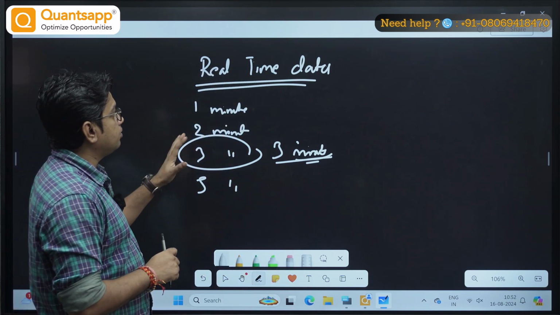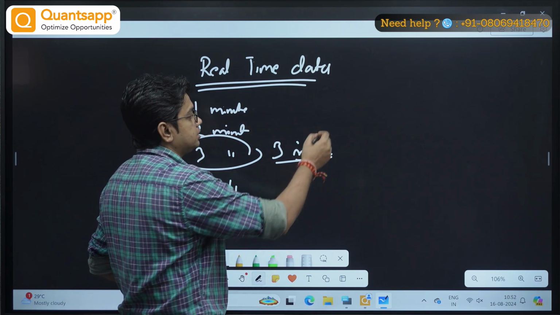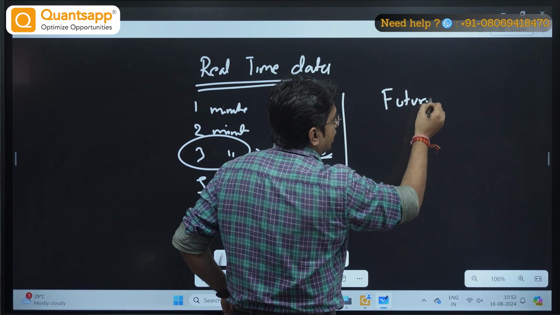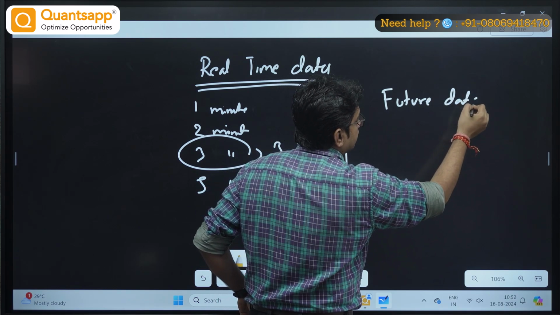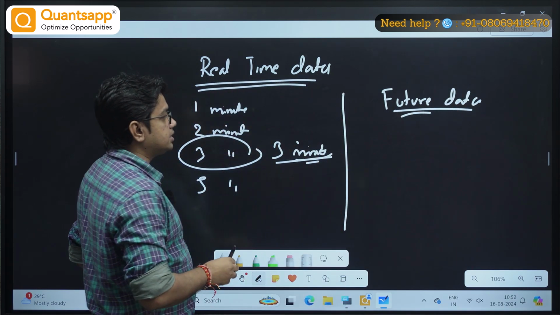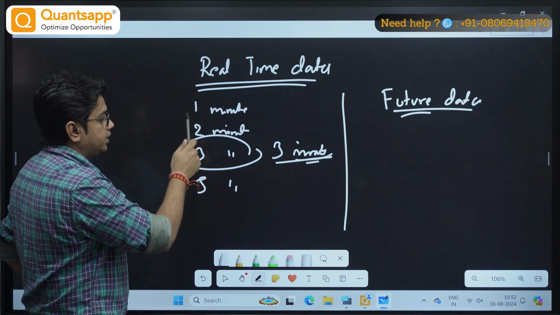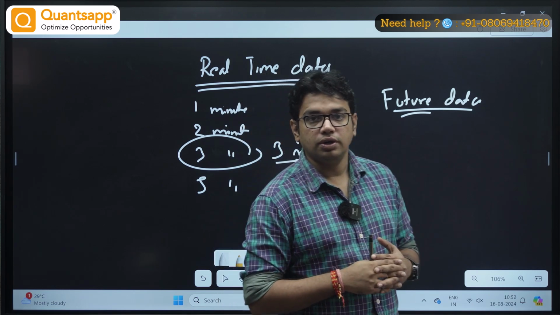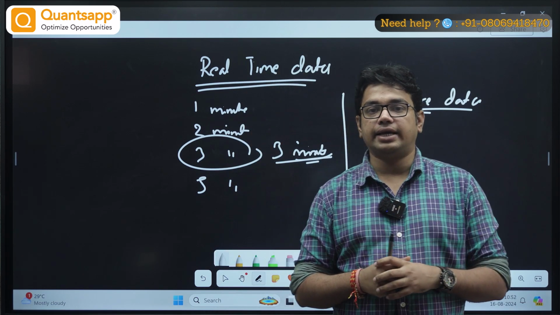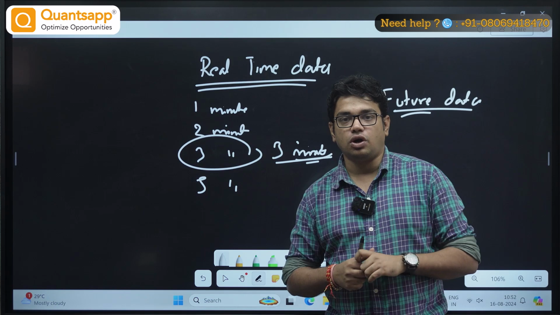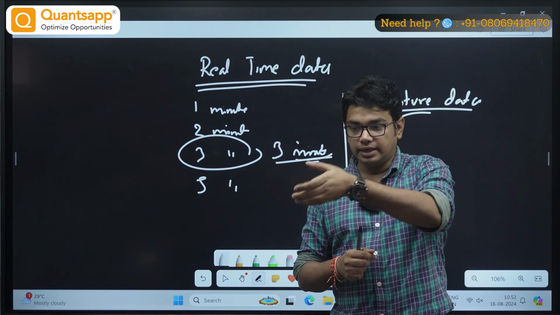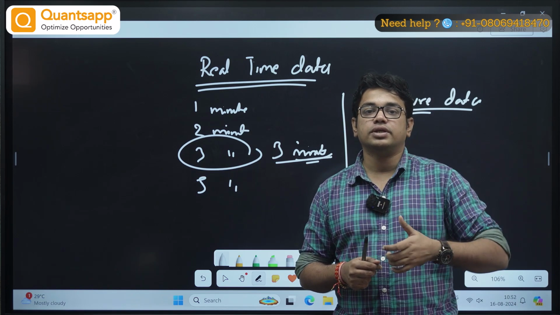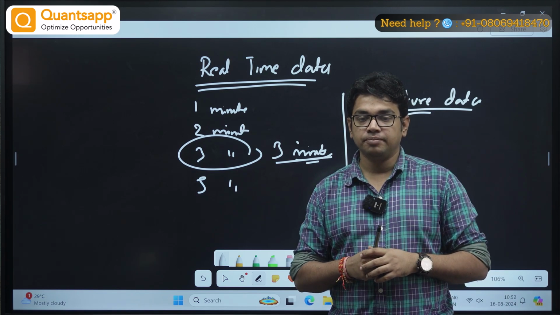Real time data means I am choosing the futures data, which changes in 1 minute, 2 minute, 3 minute or 5 minute. I will show you the tool which shows exactly in which stock there is a long build up within 1 minute, 2 minute or 3 minute, whatever frequency you choose.